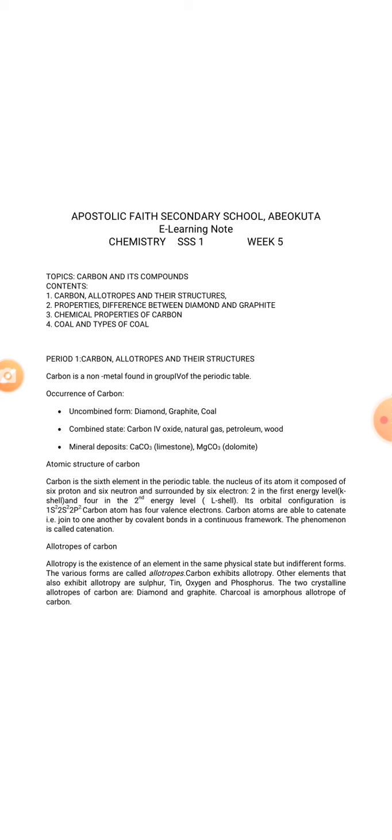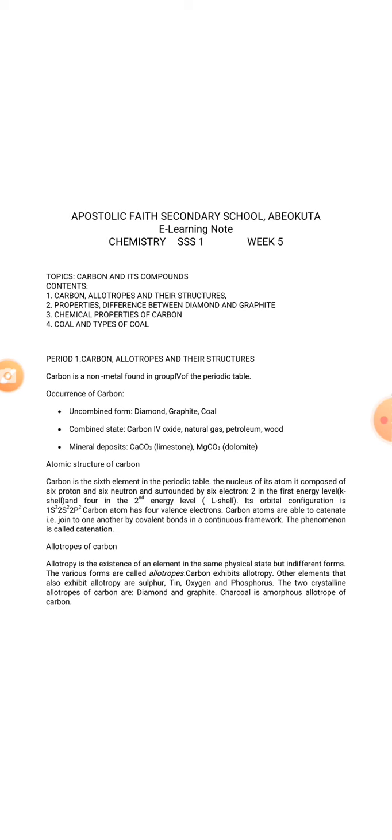Then moving on, it is important for us to know the structure of carbon so that we can have a clear understanding of how carbon combines with other elements and the underlying principle behind the chemical properties of carbon and everything that has to do with carbon. So that's why we need to know the atomic structure of carbon.